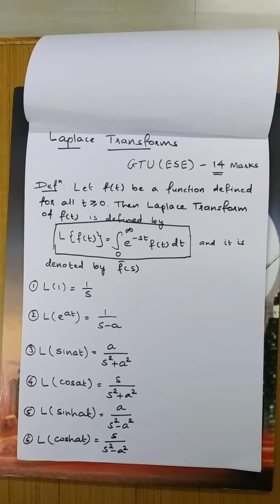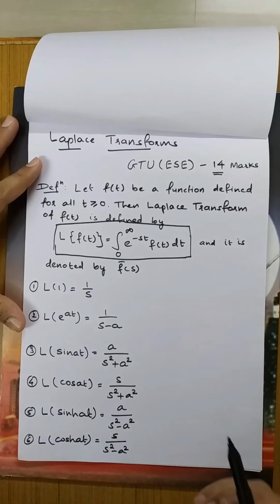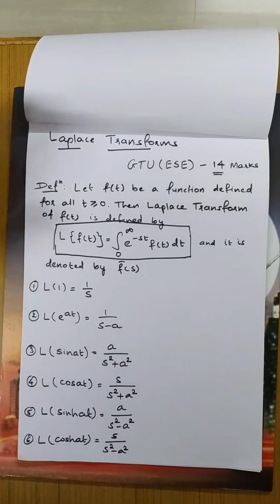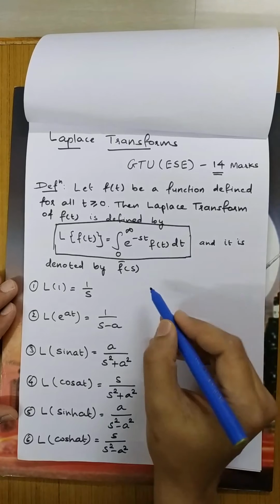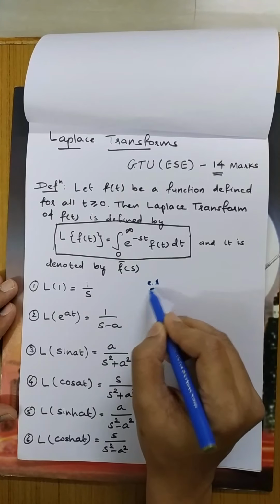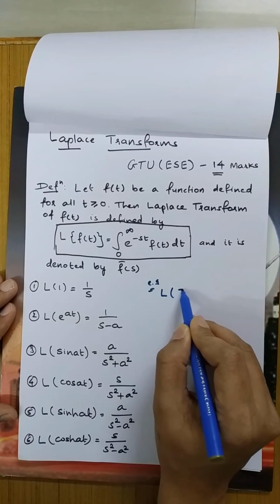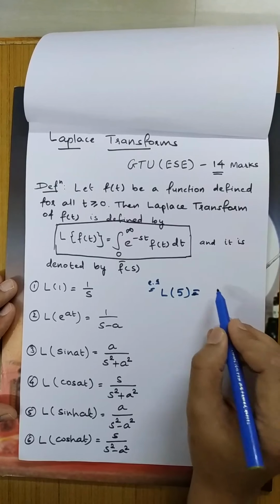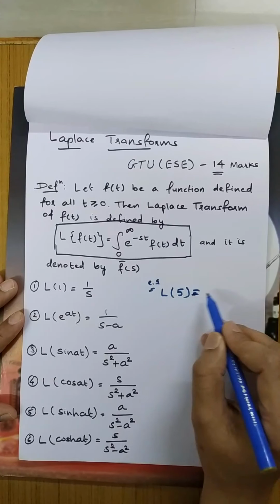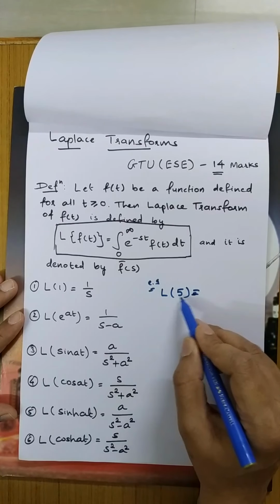Now there are 7 important formulas in Laplace transform, so try to remember them. First, Laplace of 1 is 1 by s. If you want to find the Laplace of 2, what will it be? It is 2 by s. For a particular example, Laplace of 5: as we know that Laplace is a linear transformation, we can take 5 common and then find the Laplace of 1.